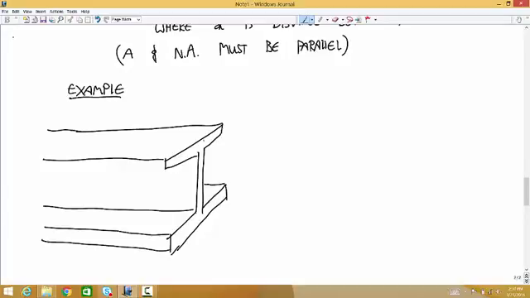And our coordinate system has the x-axis pointing that way, y-axis up, and the z-axis towards us. And I'll give you the cross-section dimensions.